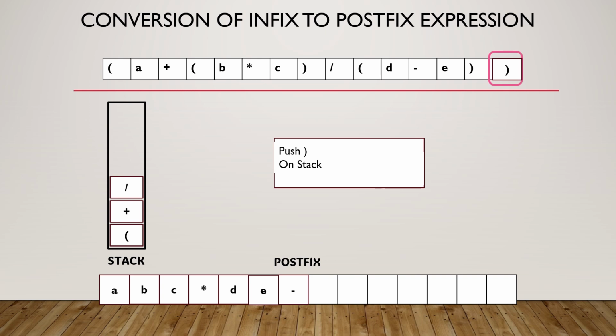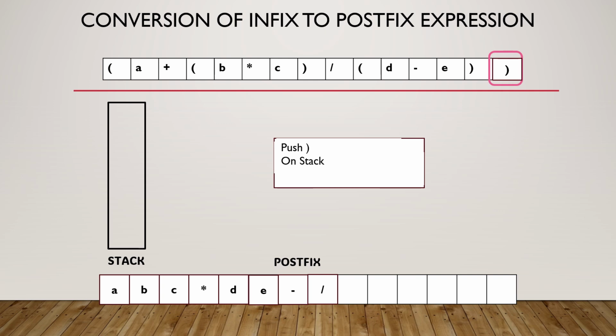Now we can see that the other operators are inside the opening bracket and close bracket. Now the close bracket is pushed on the stack, so we need to check inside the opening bracket and close bracket, where there are two operators, plus and divide. The entire operators are moved to the postfix section.